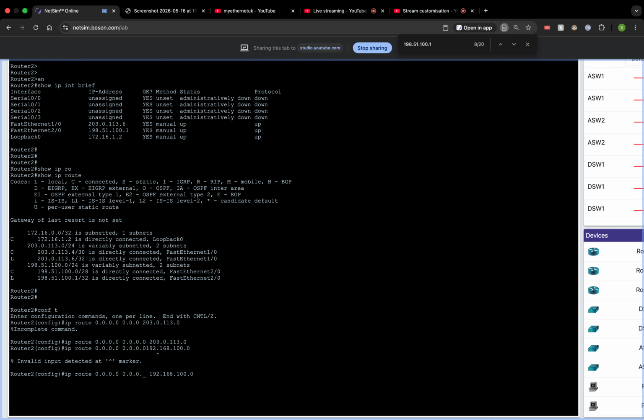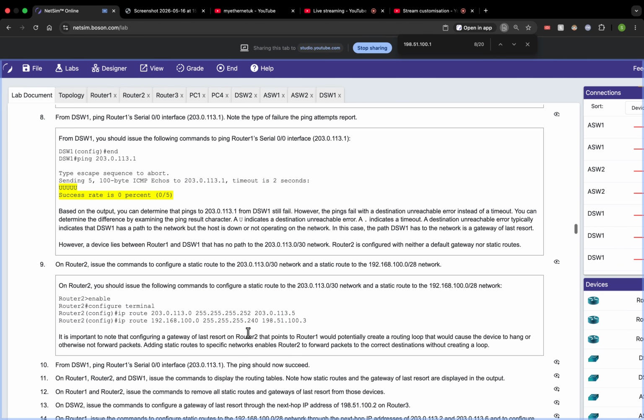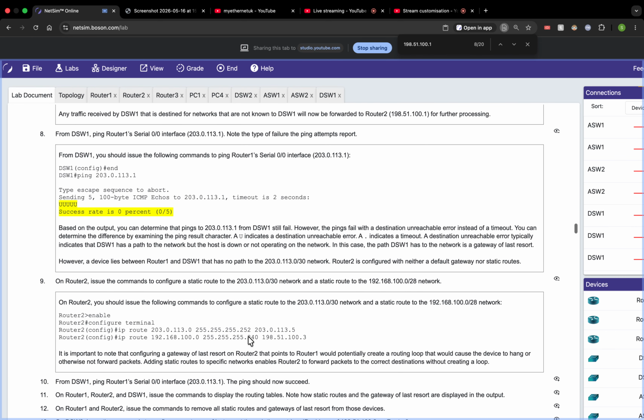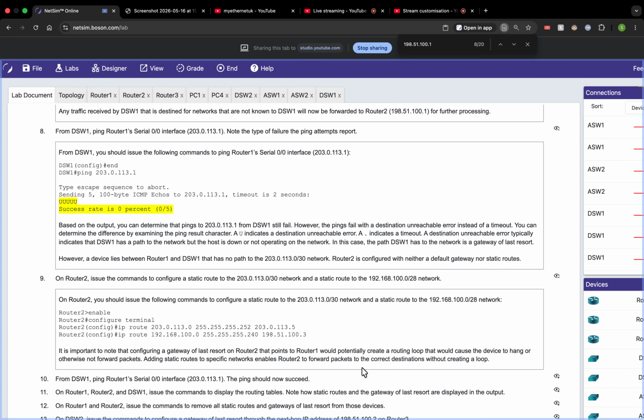And it needs a static route to 192.168.100.0 as well, which I was forgetting, back to DSW1's own VLAN 1 interface. So if I go back, do ip route, in fact, I'll click up arrow. I'll do 192.168.100.0.